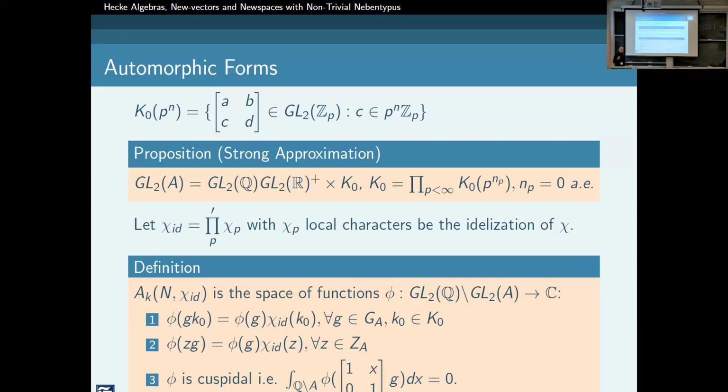And they are right chi-invariant by K naught. If anything is inside here, then you can take it out by the character and also the center. And of course, there is a cuspidality condition. There are other conditions which I'm not going to get into because I'm not going to be using them today.